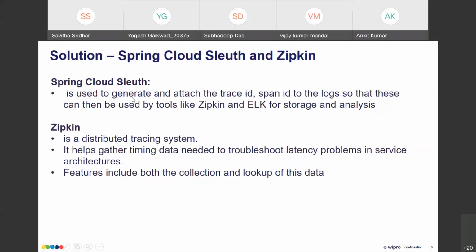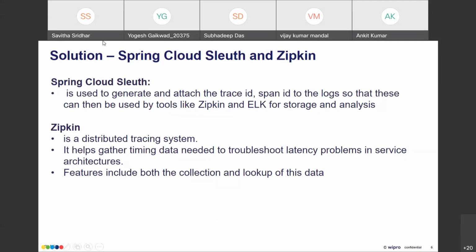Sleuth will generate and attach a token, which internally will contain a trace ID and span ID. All these it will attach to the log so that they can be used to look at the details directly in your console, or you can feed these details to monitoring tools like Zipkin or ELK so that the data can be stored and you can analyze it.